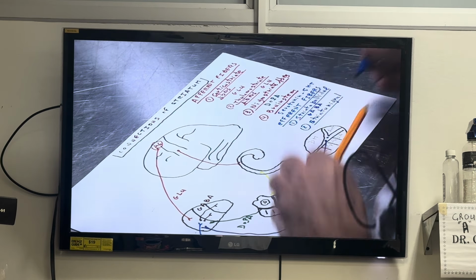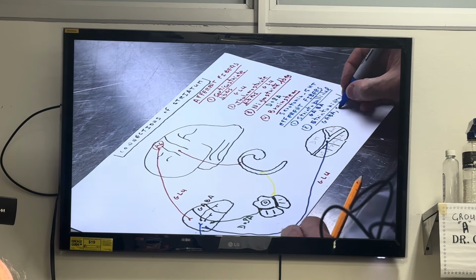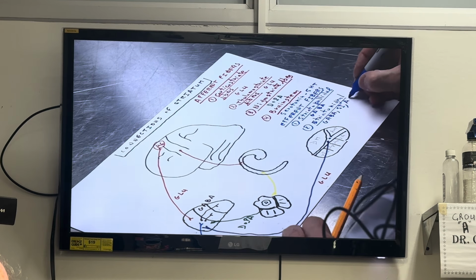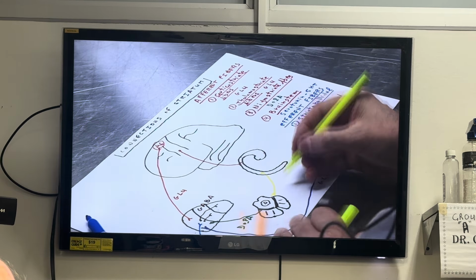And this one will be what? GABA. So substance P or acetylcholine. It's okay.